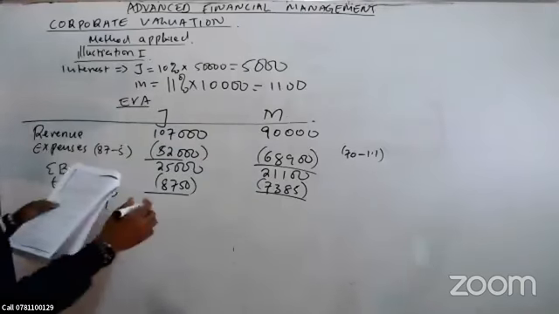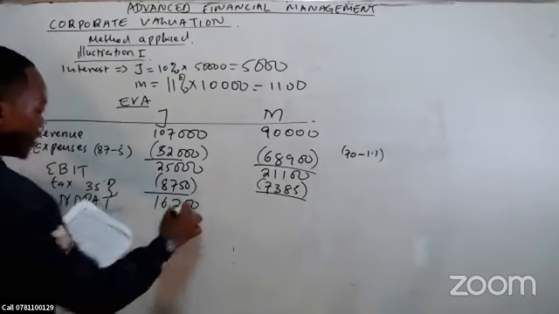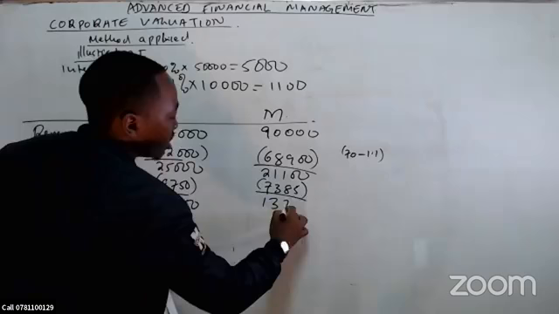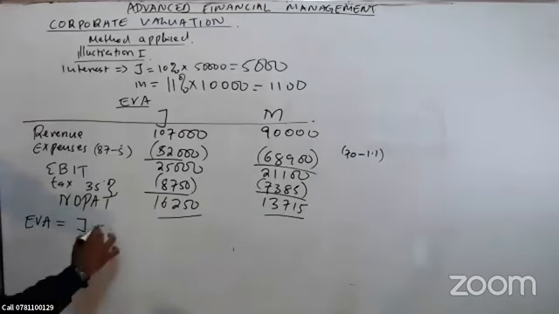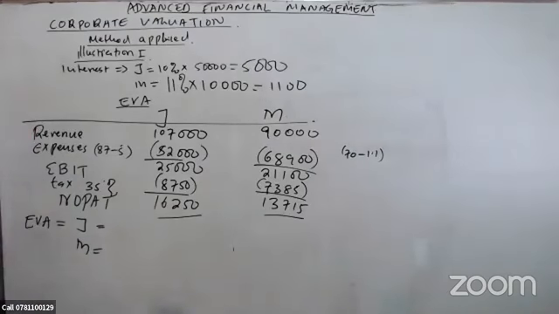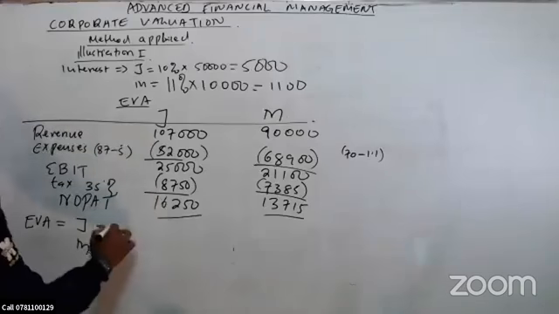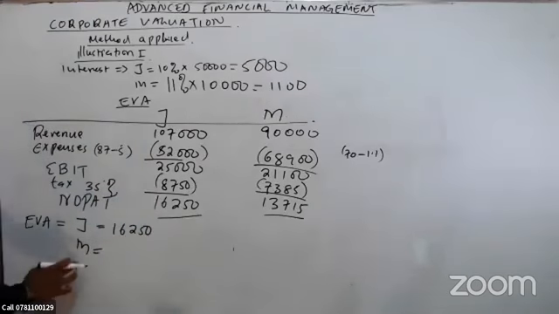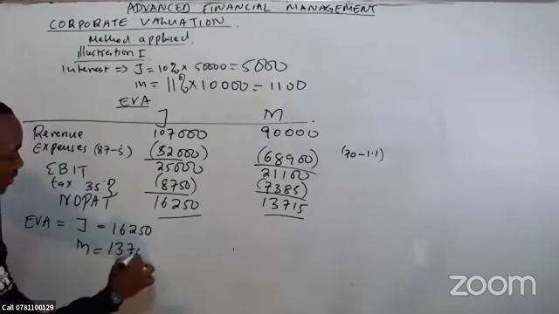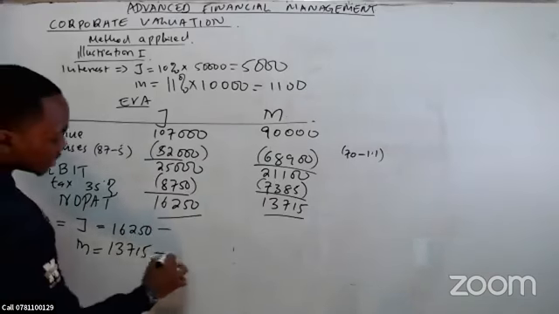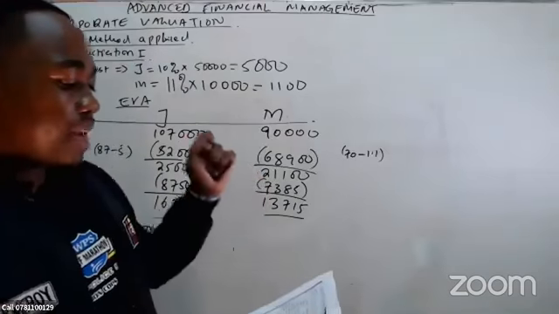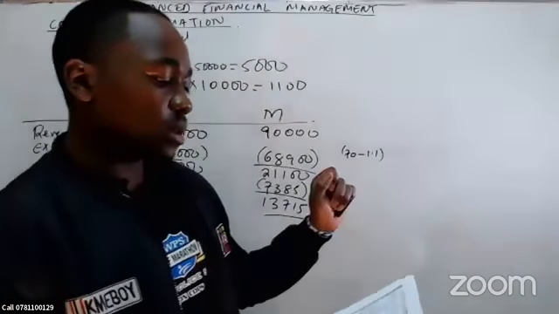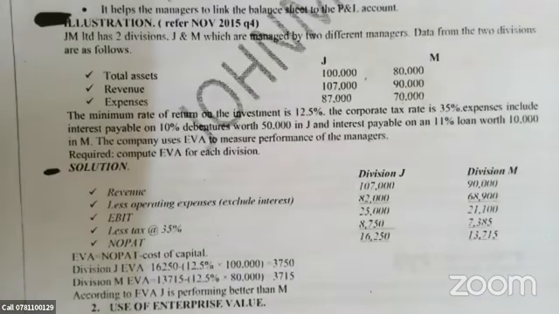That's the NOPAT. So in this case, you get 16,250, and for the other one, you get 13,715. So now let's get the EVA for J division and then for M. We have said that to get the EVA, you take the NOPAT. In this case, you take 16,250, and for M, you take 13,715. Then you deduct the return on capital employed. We are told in the question that the minimum rate of return on the investment is 12.5%.